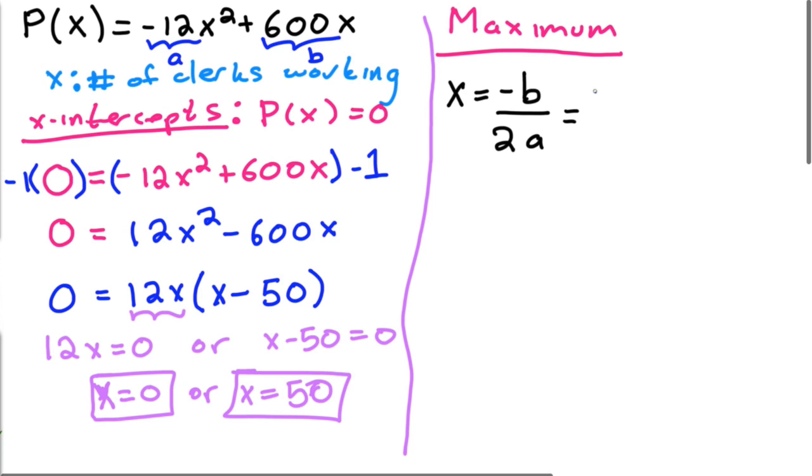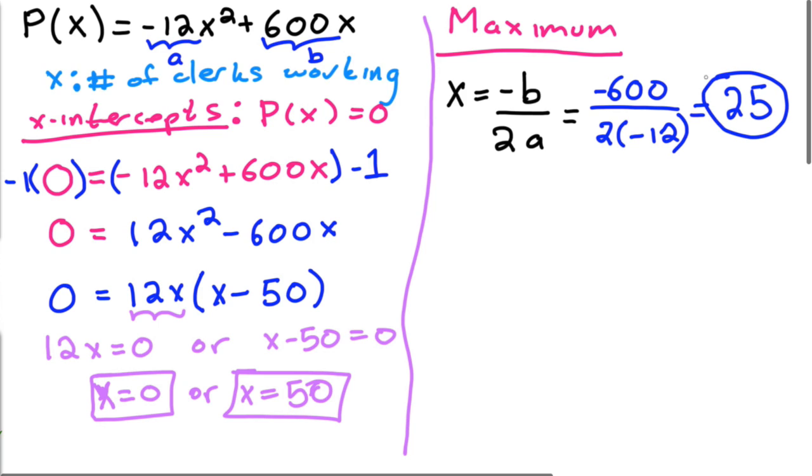So I'm going to plug those in: minus 600 divided by 2 times a, which is negative 12. And 2 times negative 12 is negative 24. Then negative 600 divided by negative 24 equals 25.